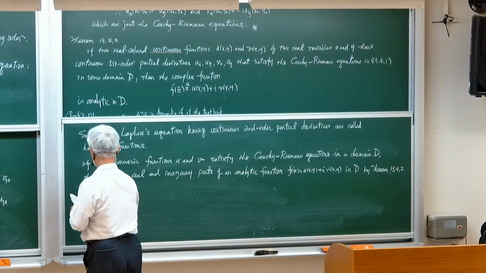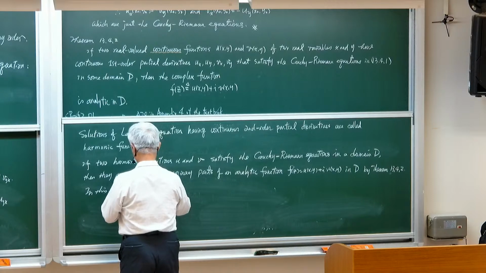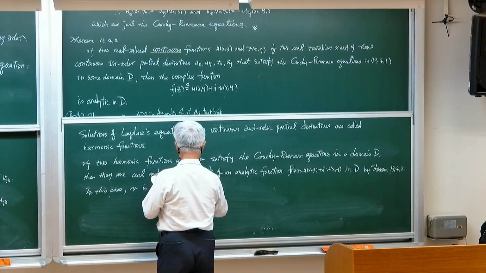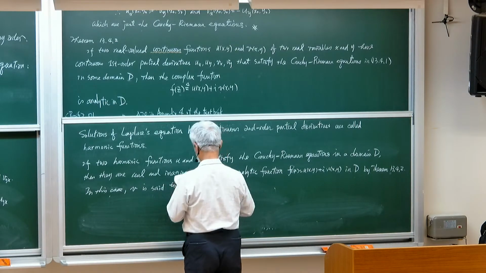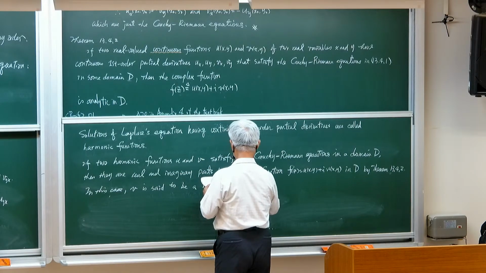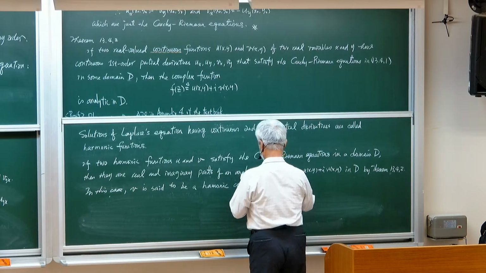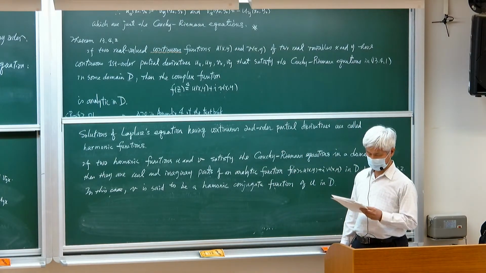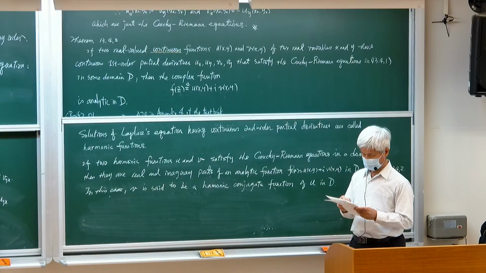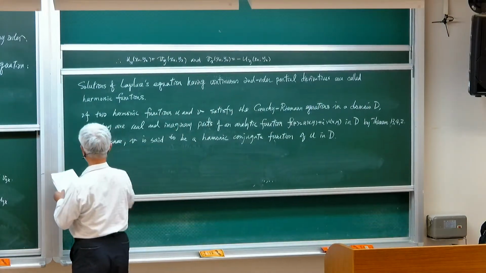In this case, v is said to be a harmonic conjugate function of u in D. All right, so we take an example here.